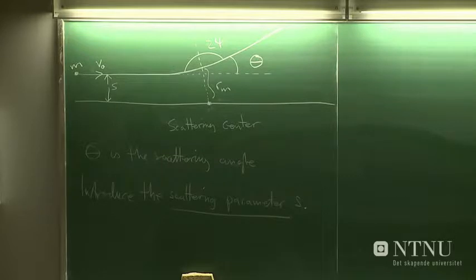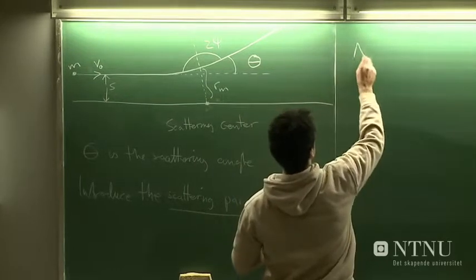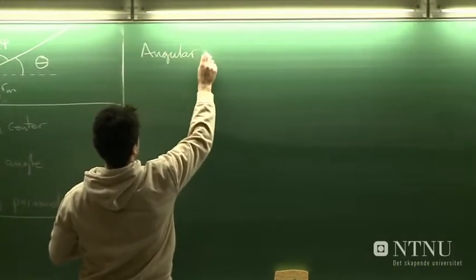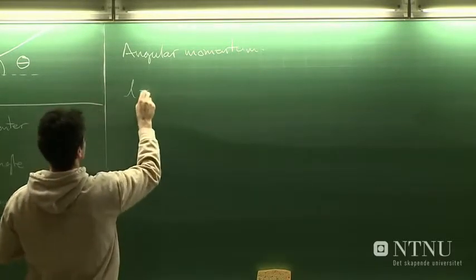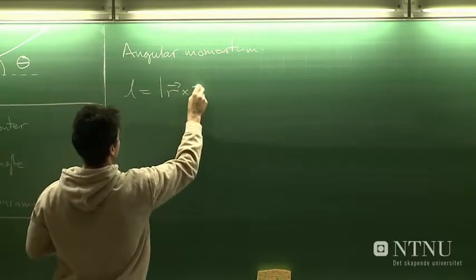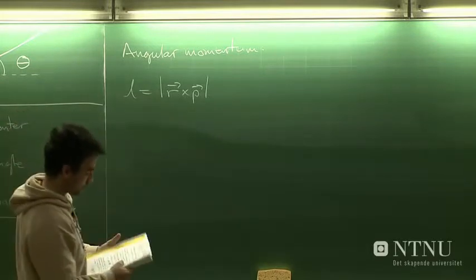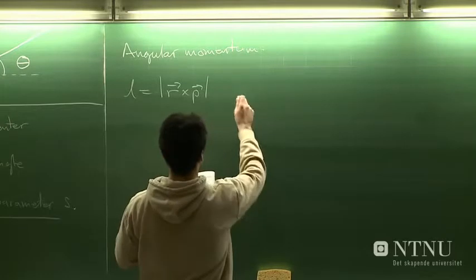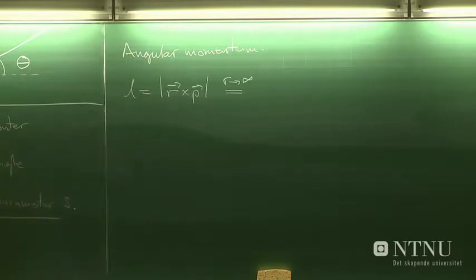And it turns out that the scattering parameter is related to the angular momentum. So the magnitude of the angular momentum is defined like this in the usual way. And since we're dealing with central forces, a potential which only depends on the radius, we know that the angular momentum is conserved.